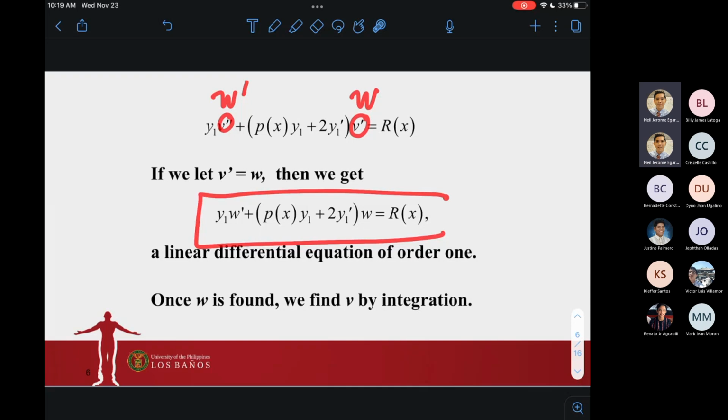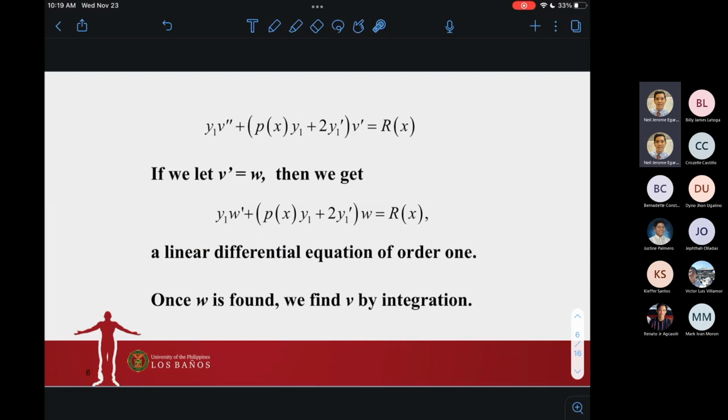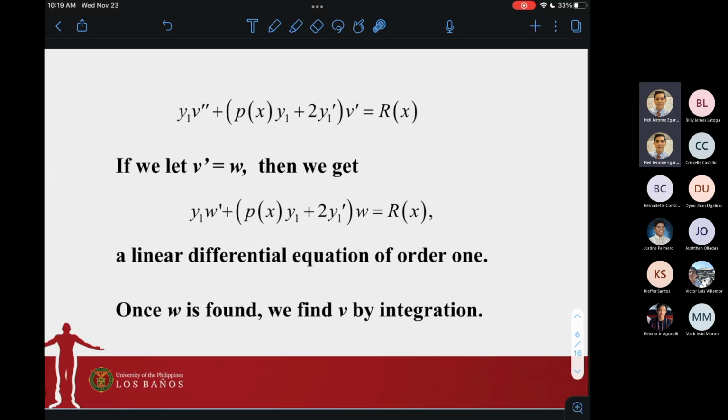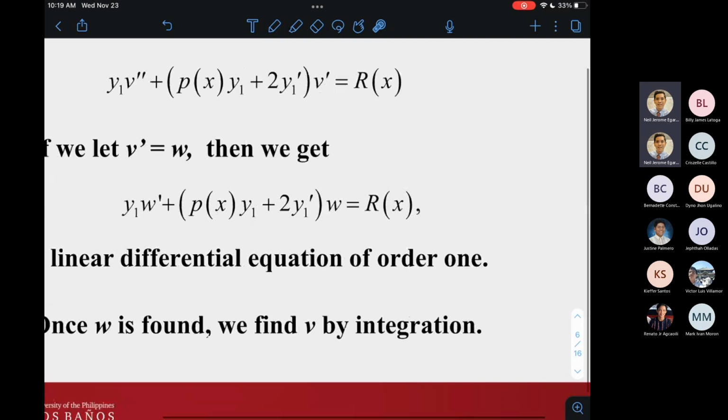How do we solve an order 1 GLDE? We can use an integrating factor. Right? What was the integrating factor here, if you still remember? So this is solvable using an integrating factor. What is the integrating factor?